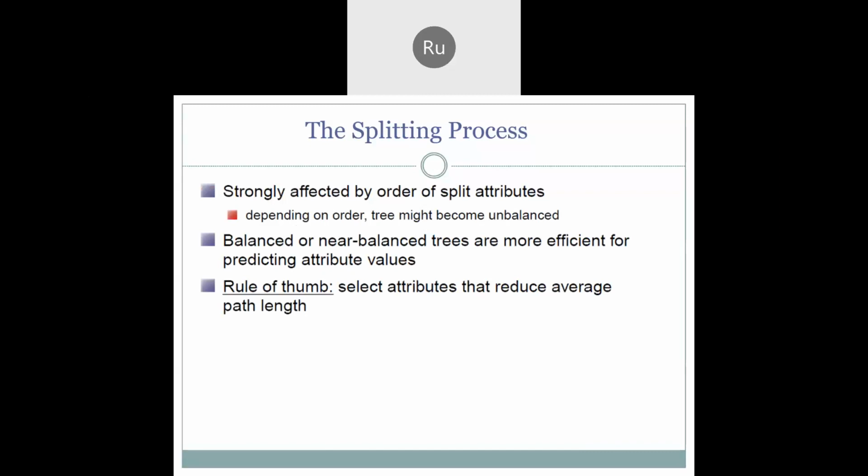Okay, so for us to have this, we need to select the attribute that reduces the average path length and also minimizes the entropy that we have. Actually, not maximize, minimize, because if we have entropy equal to zero, that means we have pure content, meaning all of them belong to the same class, one class.